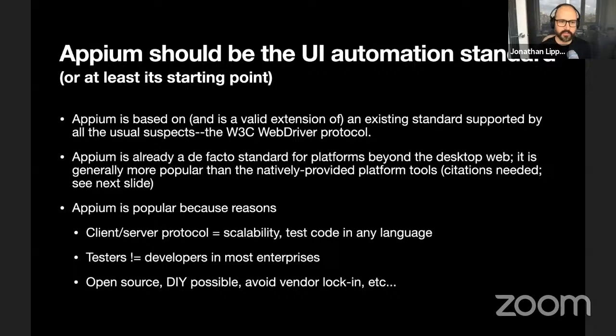And these teams of testers have their own needs, and they're often already experienced with Selenium. So giving them a tool which works, from their perspective, exactly the same as Selenium turned out to make Appium quite popular.